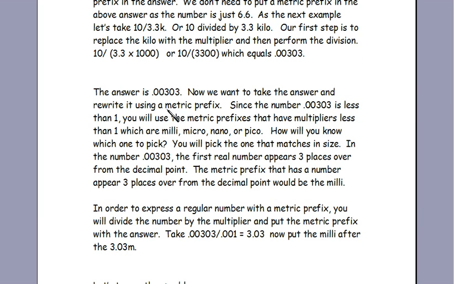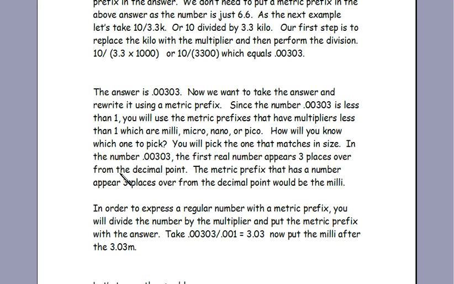So this is a very small number, so I want to redo this number and use a metric prefix. Since the number 0.00303 is less than 1, you will use the metric prefixes that have multipliers less than 1, which are milli, micro, nano, or pico. So how will you know which one to pick? You will pick the one that matches in size.